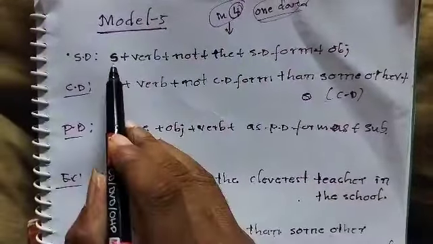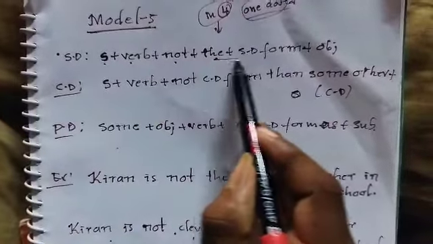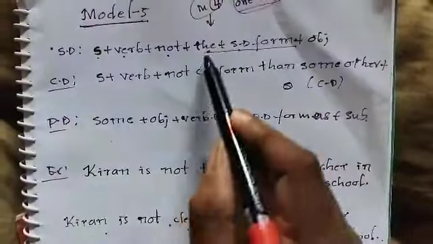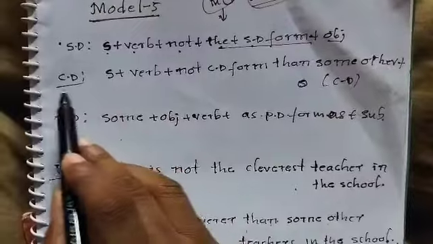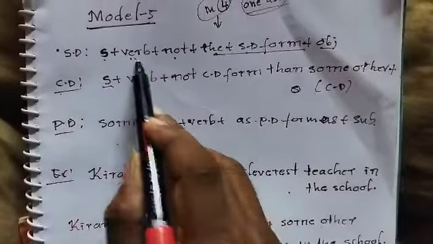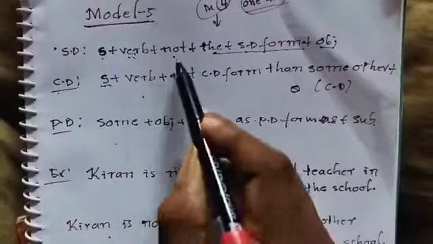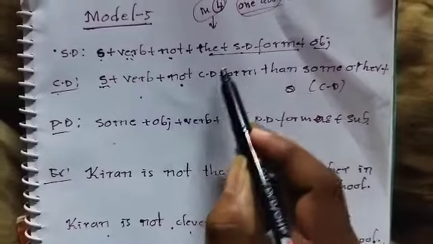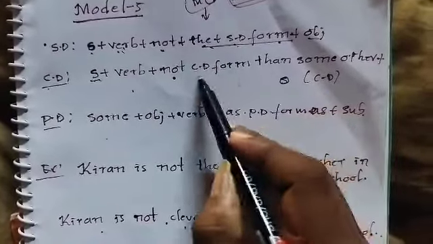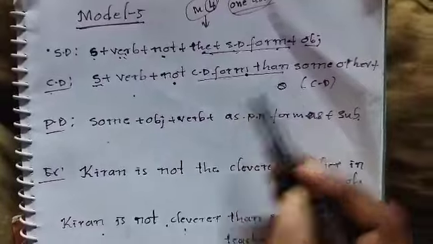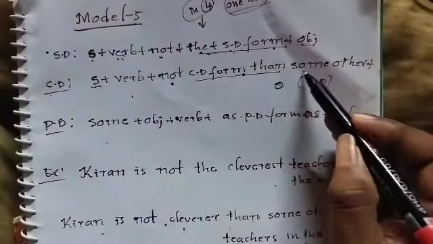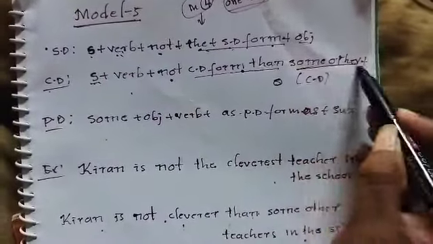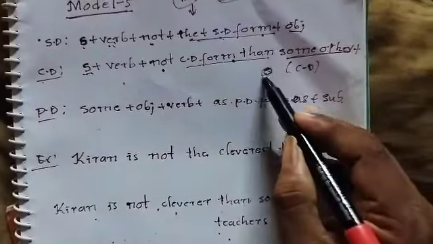So subject, verb, not, the superlative form, plus object. Comparative degree: subject, verb, not. If it is the SD form, you will use the CD form with than. Next, we will use the keyword some other, some other plus object.